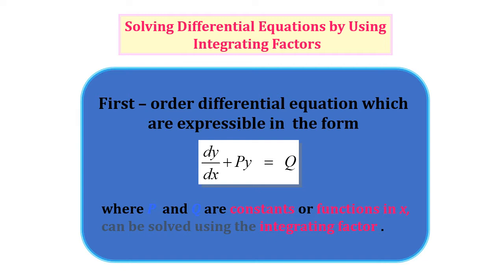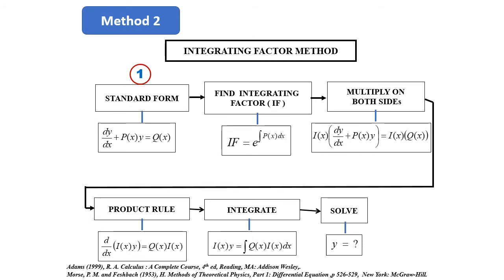Right. So after we obtain this standard form, what we'll do next is to find the integrating factor. So this is the second step, we find the integrating factor. Notice that we have P in terms of x over here.